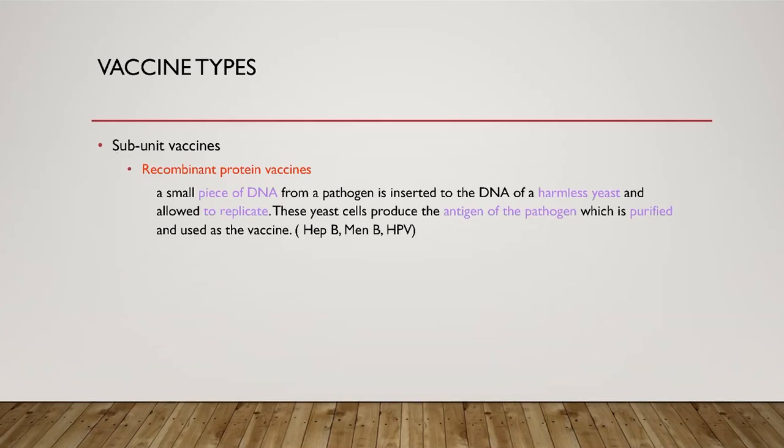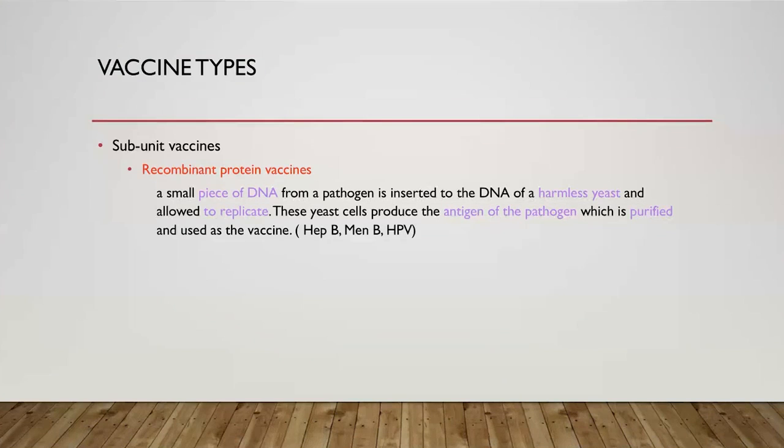Then we come to the subunit vaccine, where part of the cell is used. One common type is the recombinant protein vaccine. What happens is a small piece of DNA from a pathogen is inserted into the DNA of a harmless yeast and allowed to replicate. So it's not the pathogen which is replicating, but a harmless yeast.